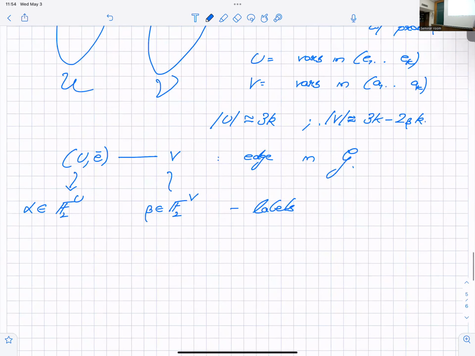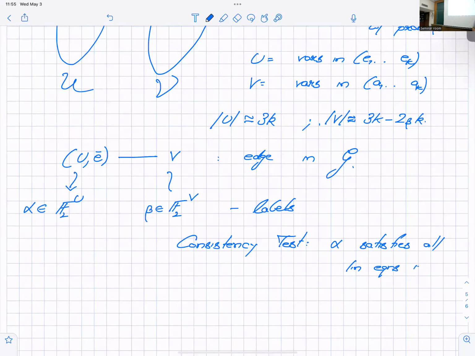And what is the consistency test? First, the alpha satisfies all linear equations in E bar. That's the first thing.